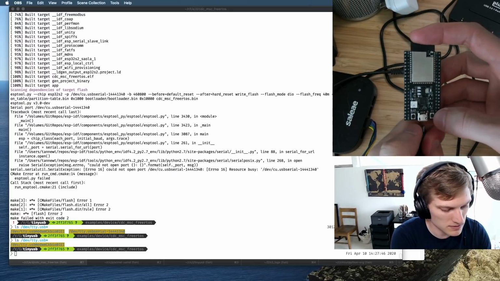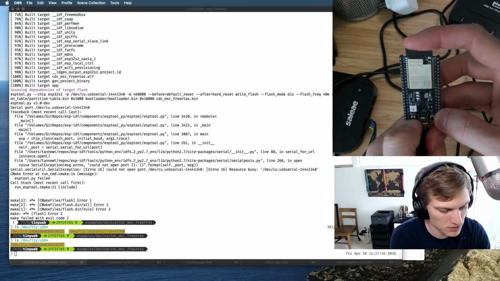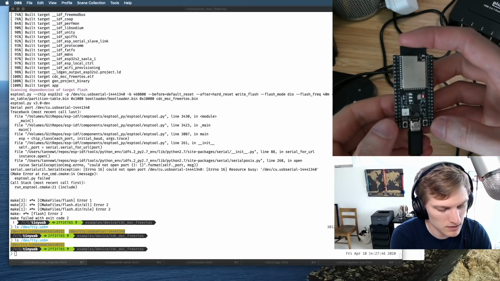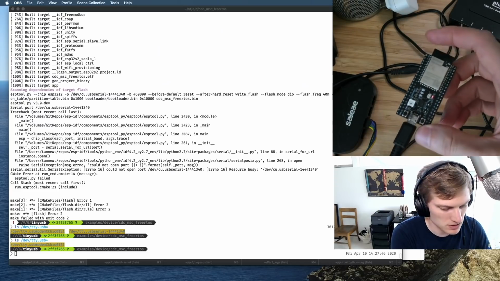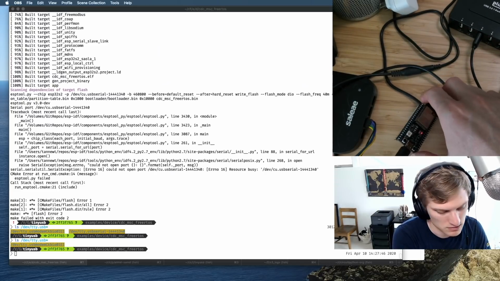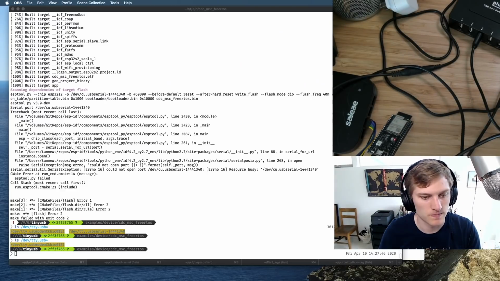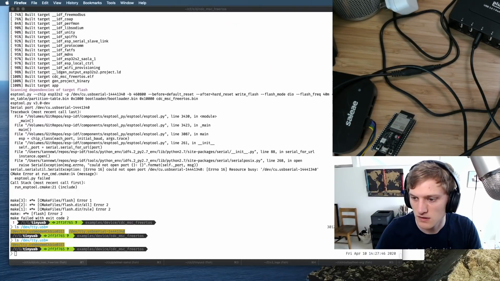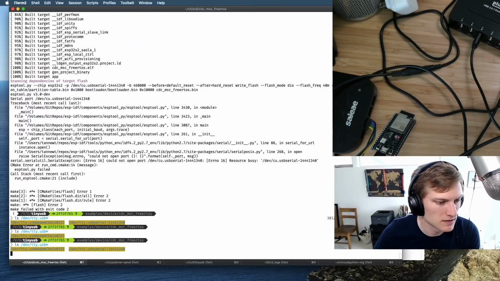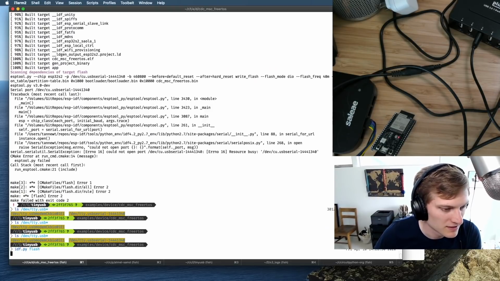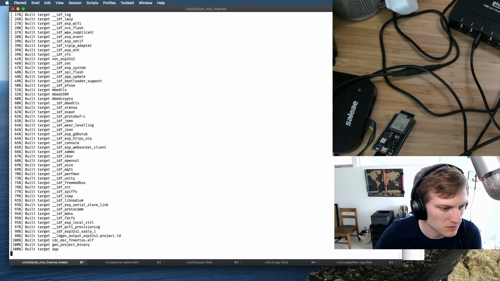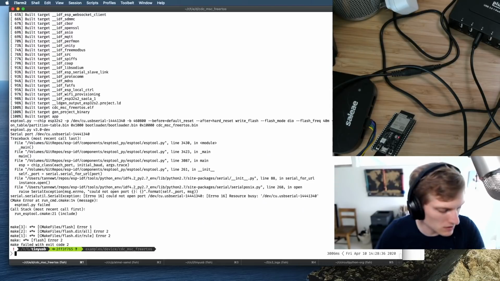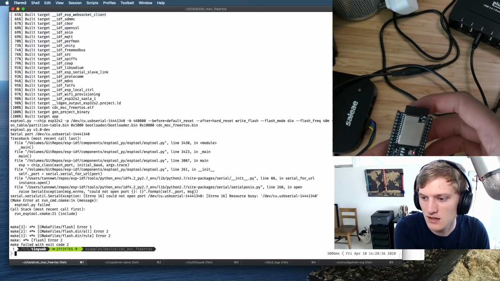I think if I hold boot and plug it in, or if I plug it in, hold boot and hit reset, maybe that'll do it. What's the magic combination? Let's see if that works. Hold reset, press boot. All right, let's see if that worked. This is perfect. Build, build, build, build, build, and it didn't work. Why is it saying resource busy? That's weird. Let me try it again.